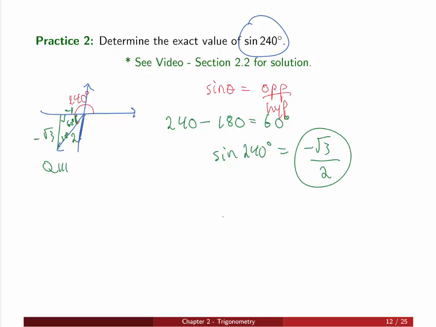Take out a calculator and type in sine of 240. If you're in degrees mode, you're going to get negative 0.8660..., a non-exact value. If you figure out the decimal of negative root 3 over 2, it'll give you the exact same thing. But we want the exact value. We want this right here.